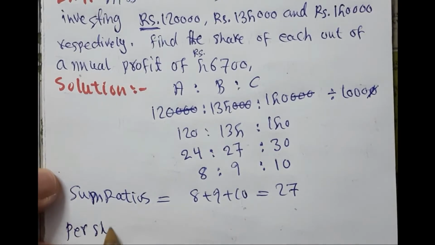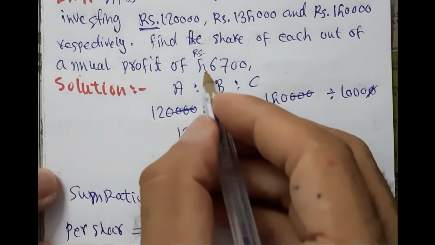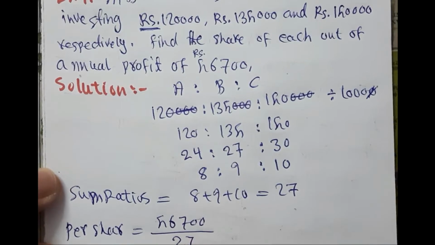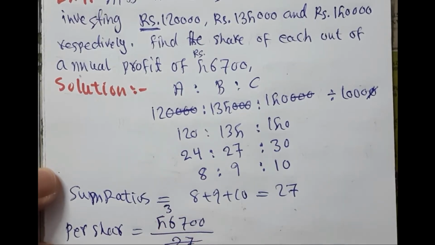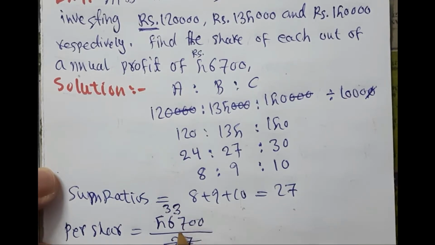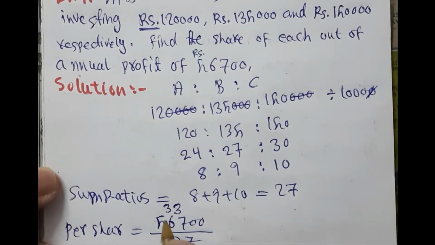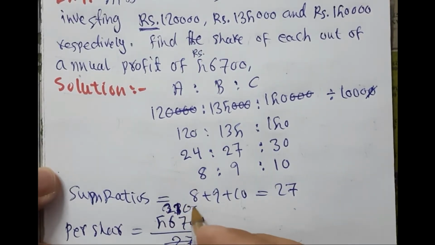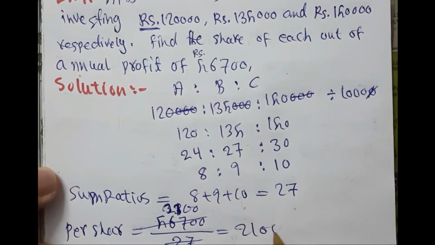Per share is equal to 56,700 divided by 27. Here we will have 21, and again, 2,100.